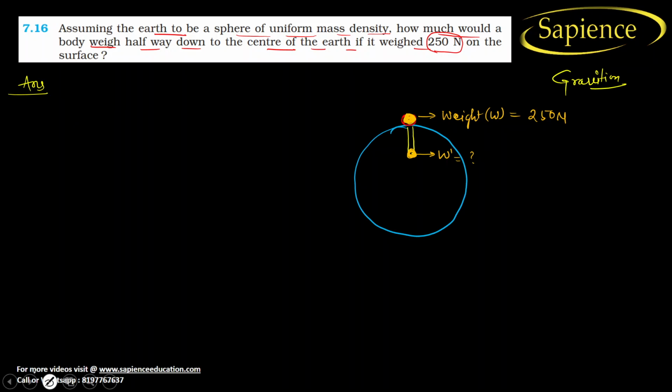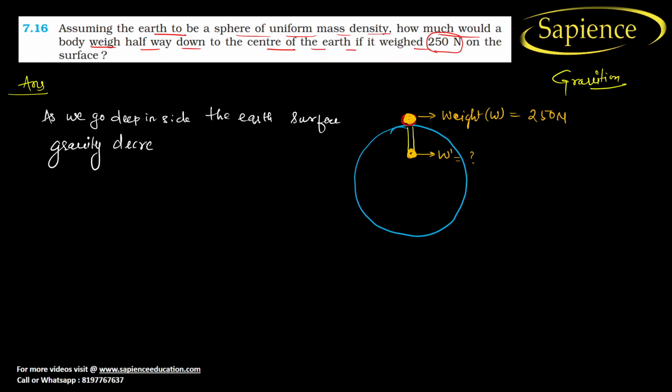As we go deep inside the Earth's surface, gravity decreases. The new gravity has the relation g dash equal to g into 1 minus d by the radius of the Earth.